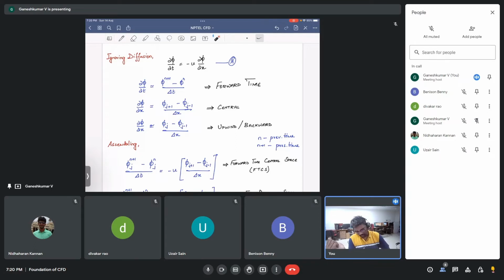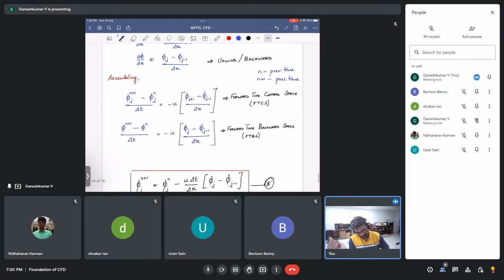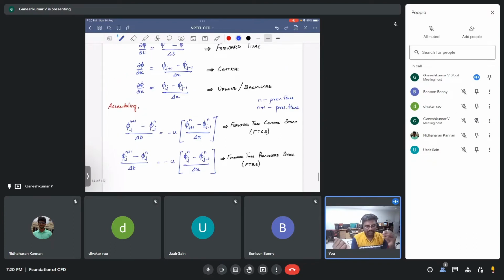So what we will do here is choose an explicit scheme. We will evaluate this function at the nth time step, and then we will try to understand the stability of this scheme. First we have the FTCS scheme, forward time and central in space. You can see here j plus 1 and j minus 1.